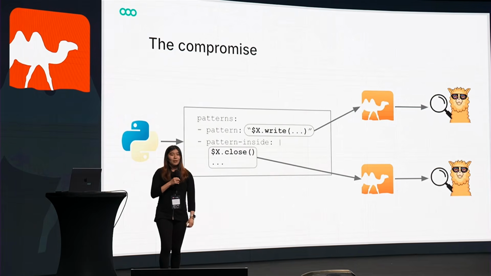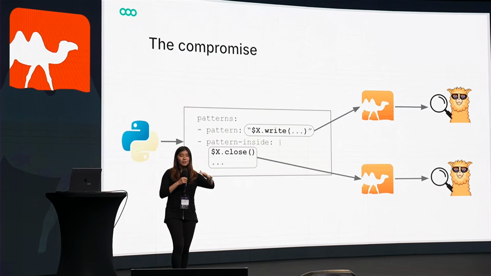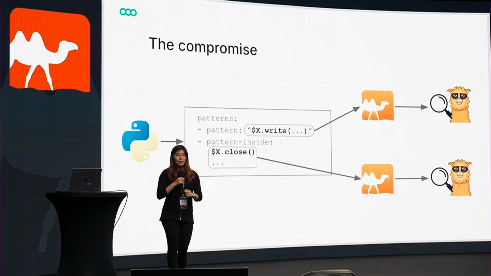And the founders, who were more comfortable with Python, built this YAML-based syntax to combine patterns. But each pattern, because we already had that pattern matching engine in OCaml, was sent off separately to OCaml. Then in OCaml, we would do the actual search using the patterns on the code, and those ranges would get combined back into an actual result.